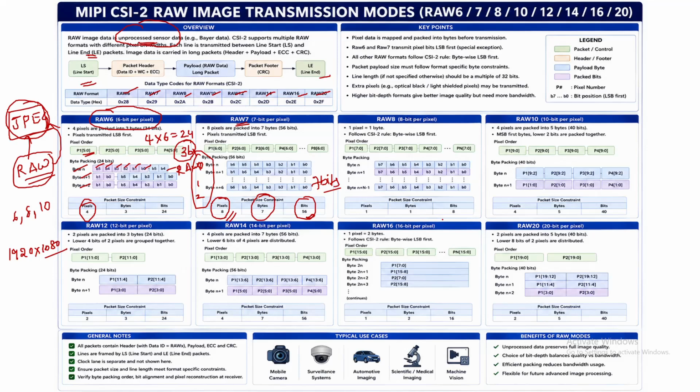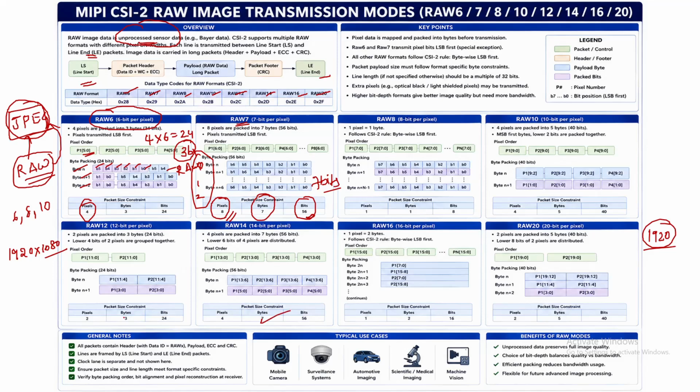So based on that, we will decide how many bytes of data we need to transmit for one pixel. Not only one pixel, but how many pixels you want to transmit at once, based on that we will calculate this. For all these pixels, based on the RAW data model you are using, the number of bytes will vary.